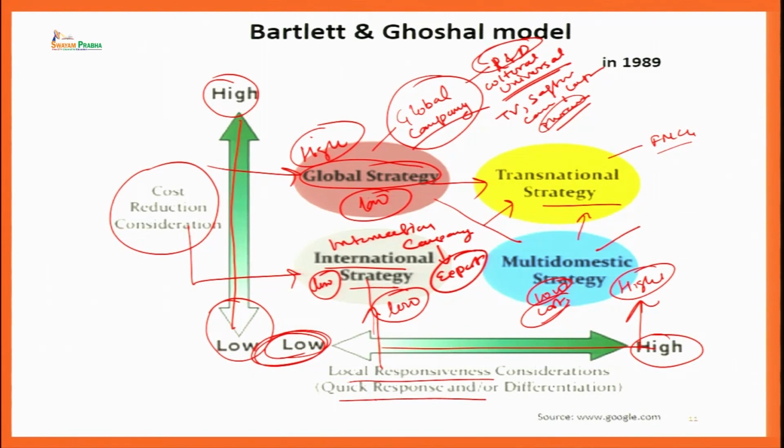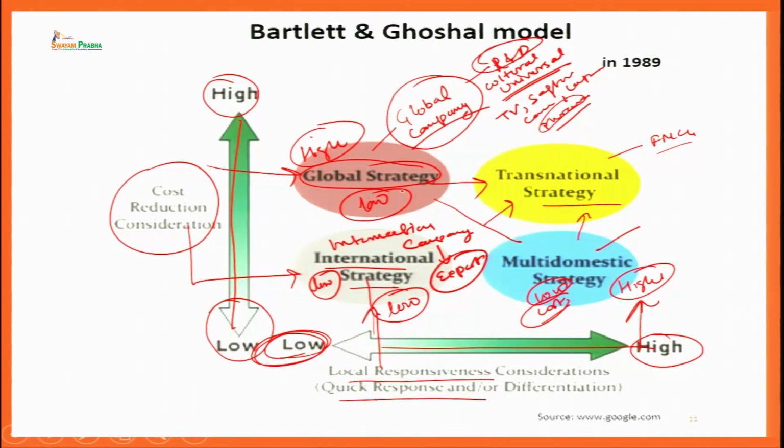So altogether, this Bartlett Ghoshal model is talking about in which particular domain you are lying. Are you an export company? Then follow the international style. If you are a global company, follow the global strategy. If you are a multi-domestic company or a multinational company, follow the multi-domestic style. If you are a transnational company trying to be in the global market, trying to have some global presence, trying to offer products which are universally acceptable, also slightly customized and altered as per some country's requirement, then try to be a transnational strategist.